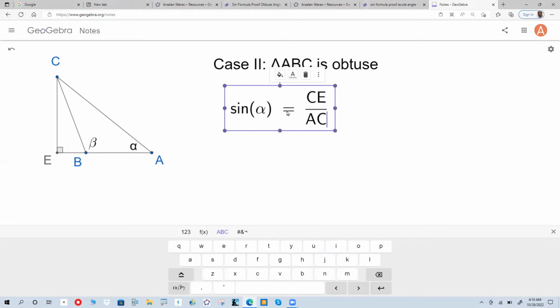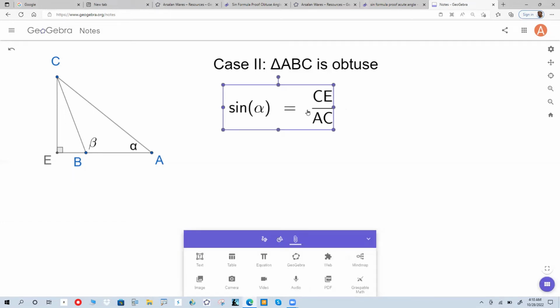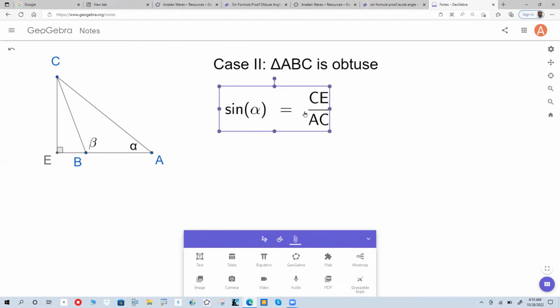Now AC is really small b. If I multiply both sides by AC, I get the following.